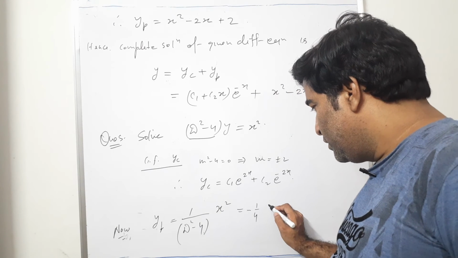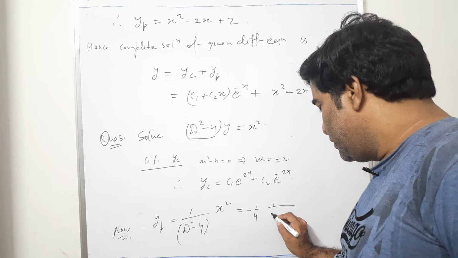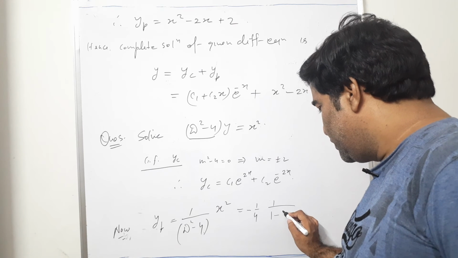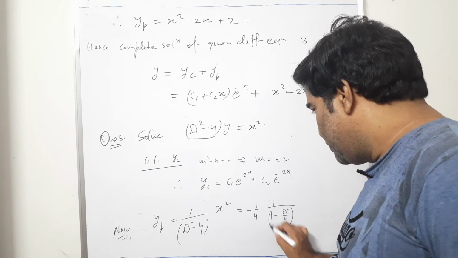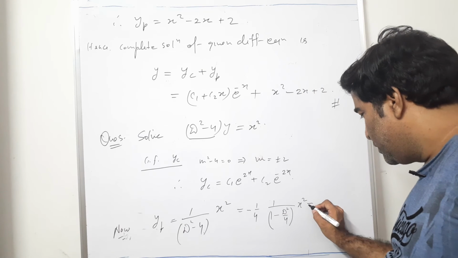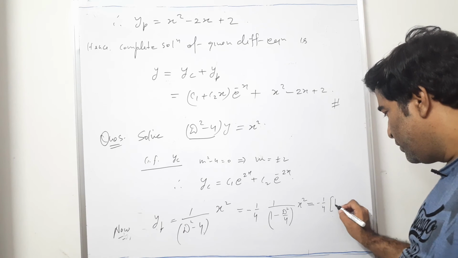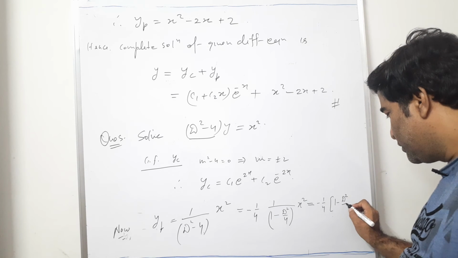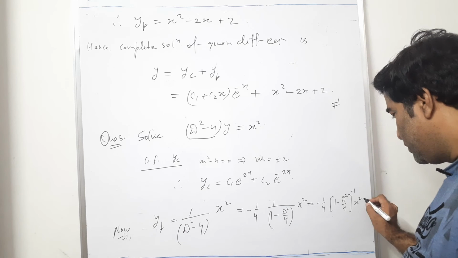Here we have −1/4 (1 − D²/4)^(−1) of x².